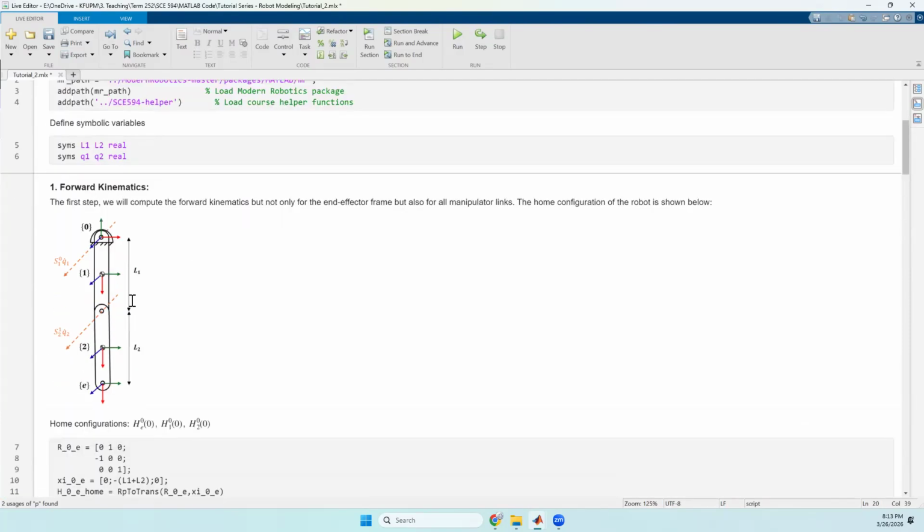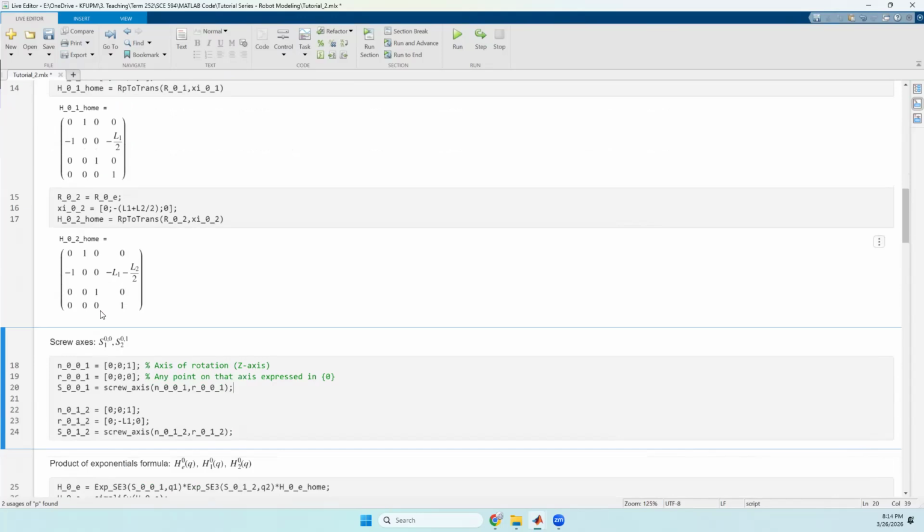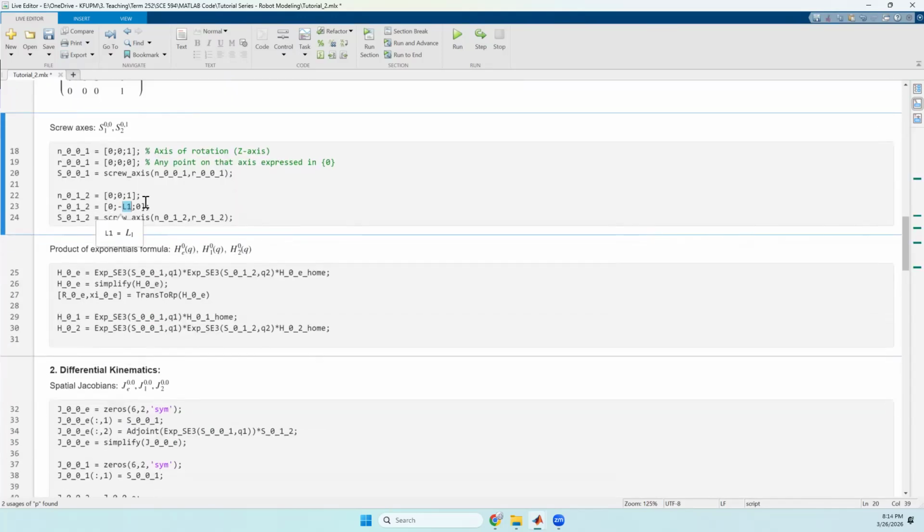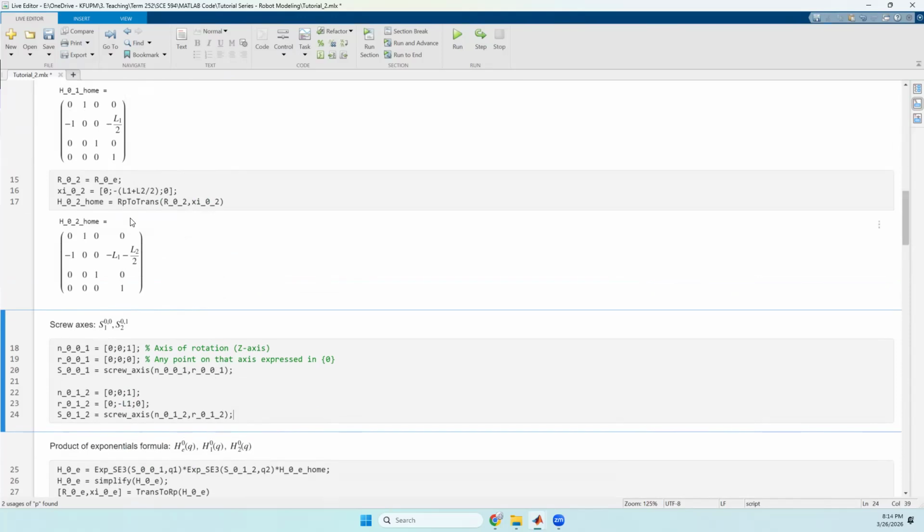And if we look at the second axis as seen in the 0 frame, it's also in the direction of the z-axis, while it is displaced by L1 in the y direction. We would choose this point here because it's the easiest one to compute the screw axis with, and so we have minus L1 in the y direction. So this is how we define the screw axis. That's it. This is all of the information that we need.